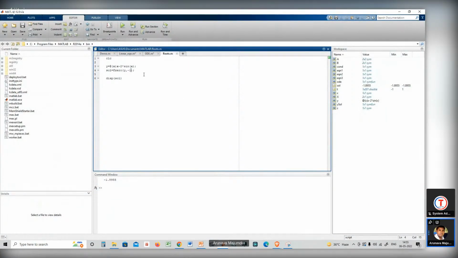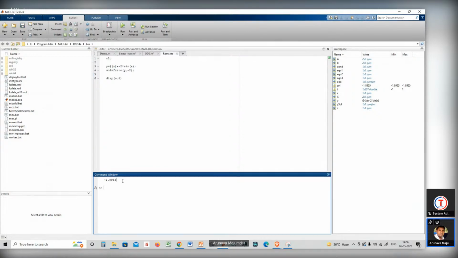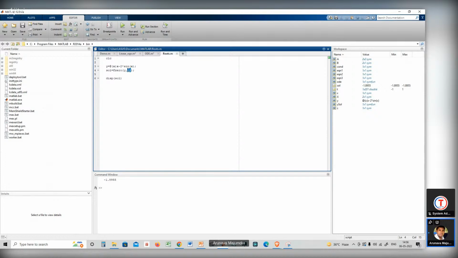But you can also change this. Suppose anyone says, why use only -1 as the initial point? I can use another point also. Yes, you can use -2 also. If I put -2, the solution will be the same. So generally if I need the negative solution, I put any negative number, and if I need the positive solution, I should put a positive number here.